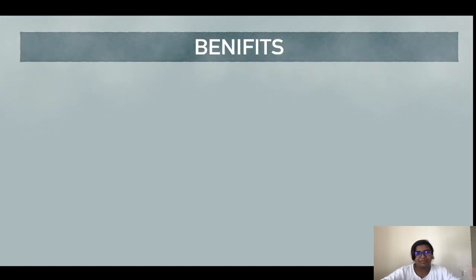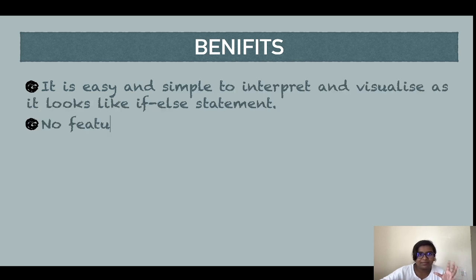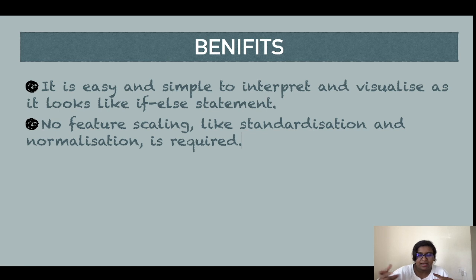And next we have the benefits of decision trees. Now, the first benefit is that it is very easy and simple to interpret and visualize because it's like an if-else statement, and we already visualized a tree and you understand, right? Anybody who is not even in the field of machine learning can understand how the algorithm works. Next, we don't need feature scaling.